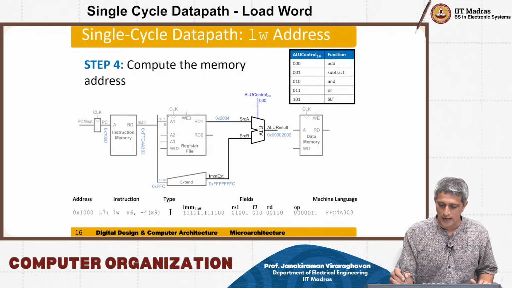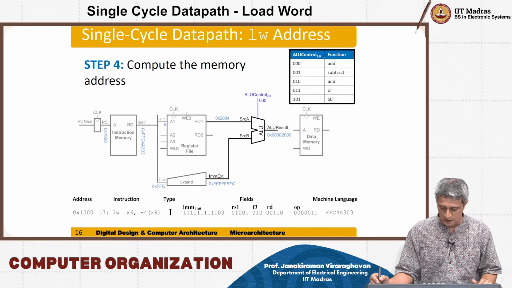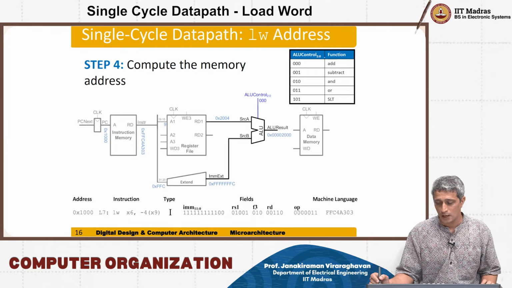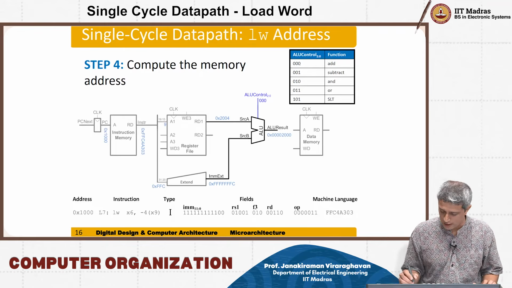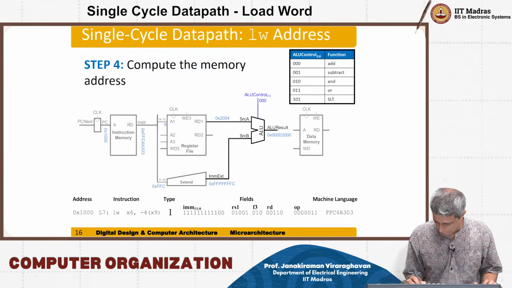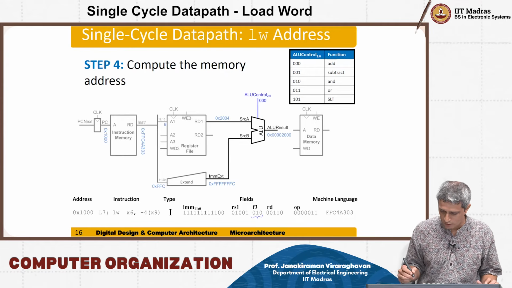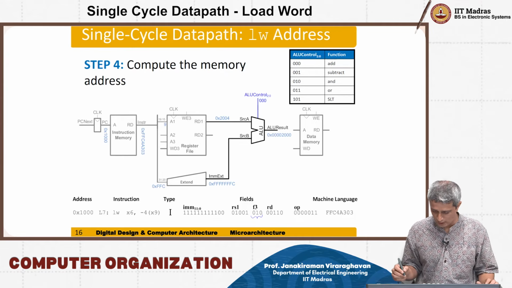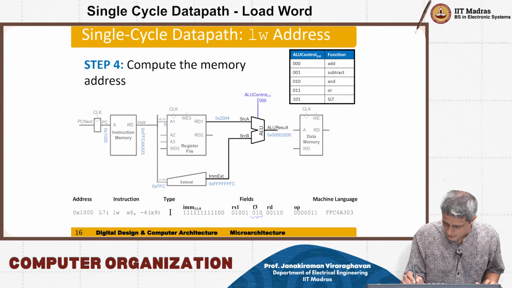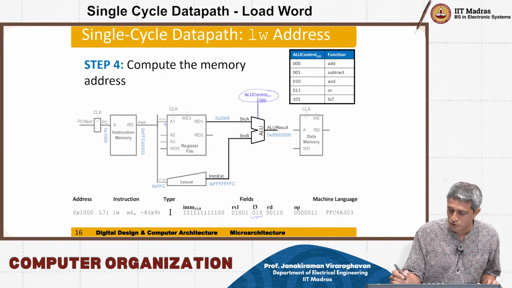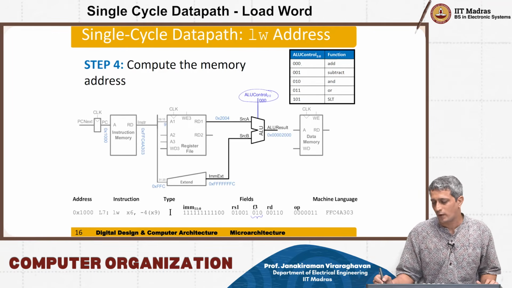So the ALU control, if you look at it, is going to tell you how to operate on this particular data. What is this ALU control? It is sitting in the fields of this function 3, and it is going to get you these 3 bits of information. So 000 is add, 001 is subtract.